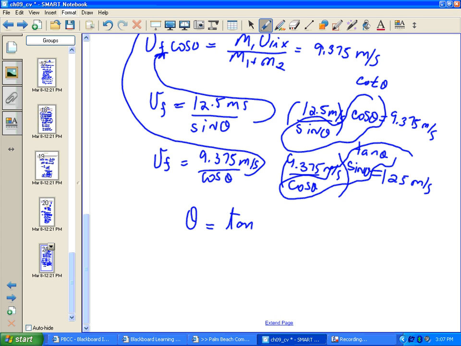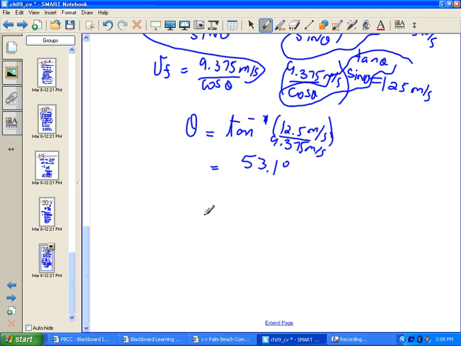Let's say we use the inverse tangent, or take an inverse of the first equation, whatever the case is. So inverse tangent of 12.5 meters per second divided by 9.375 meters per second gives us an angle of 53.1 degrees.